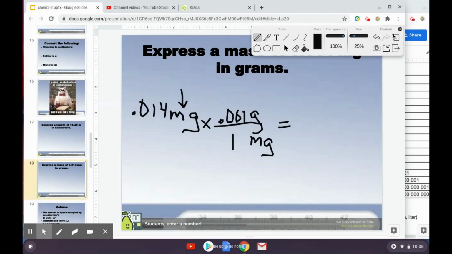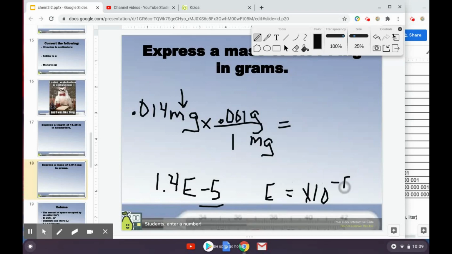When you type this in your calculator, 0.014 divided by 0.001 gram, my calculator tells me 1.4 E negative 5. That E means times 10 to the whatever that exponent is, negative 5th.